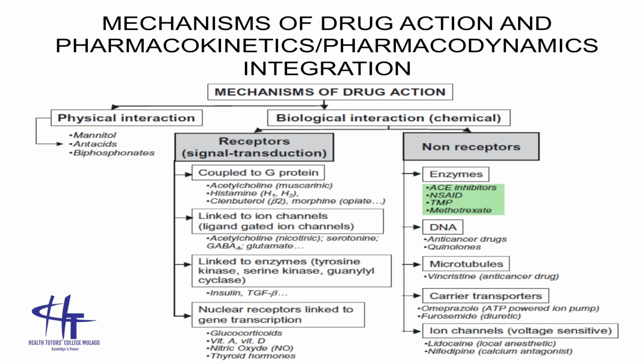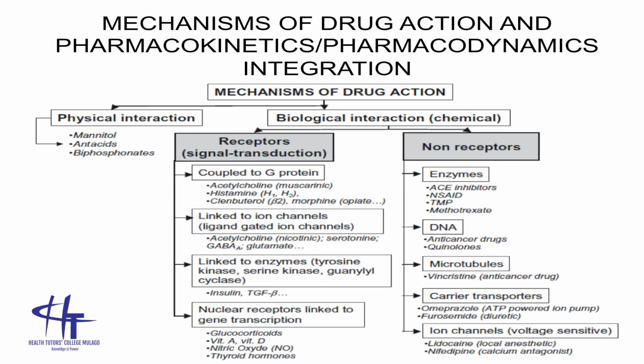Instead, they physically block the enzyme, the angiotensin converting enzyme. We also see some anti-cancer drugs, and those that provide a barrier, or do what we call physical interaction, like antacids, which physically interact with the acid.